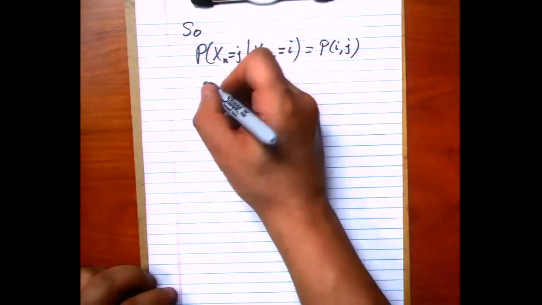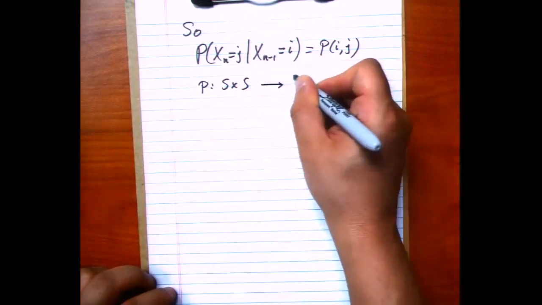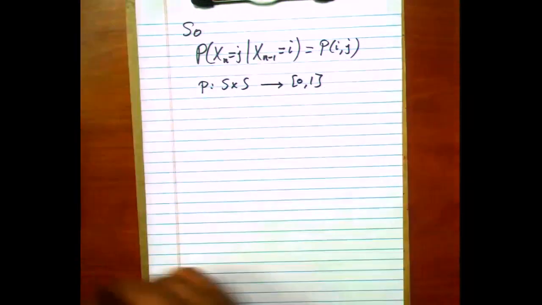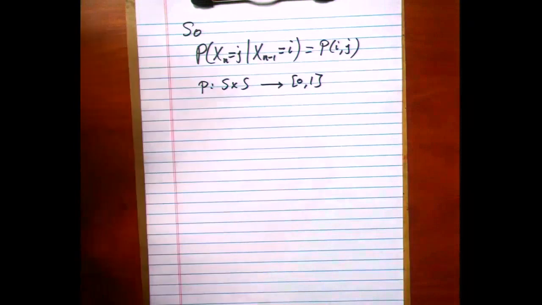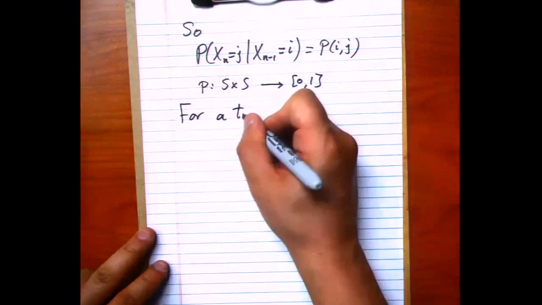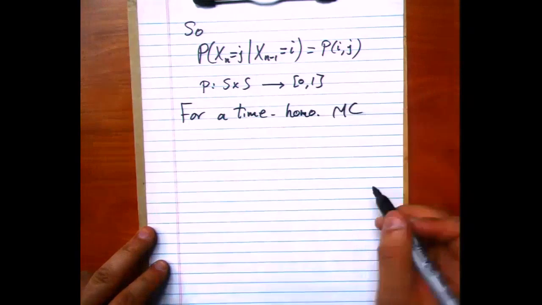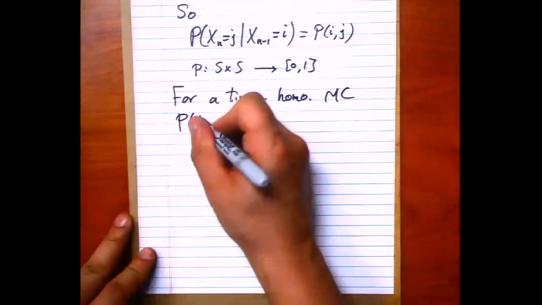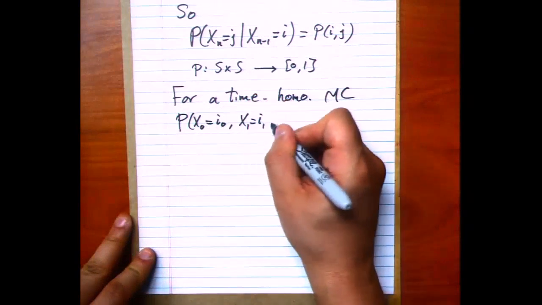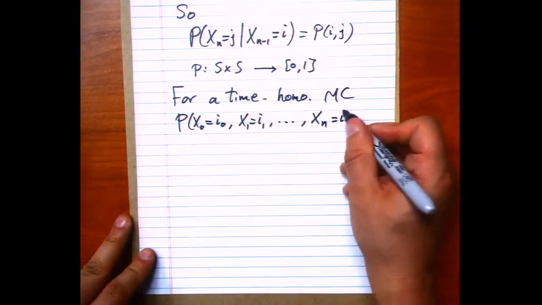This probability P actually maps S by S into [0,1]. i and j are in S, the state space. So now, for a time homogeneous Markov chain, we can see that the joint distribution is so simple. The joint probability distribution of the trace of the process from time 0 to time n is so simple to write down.